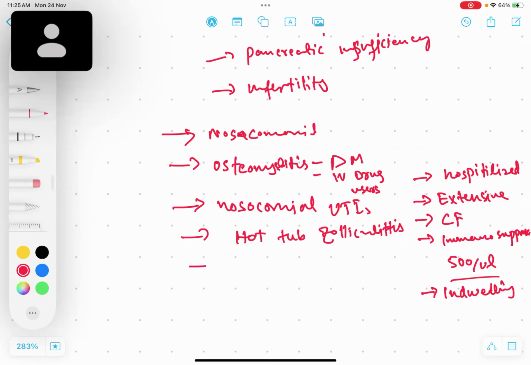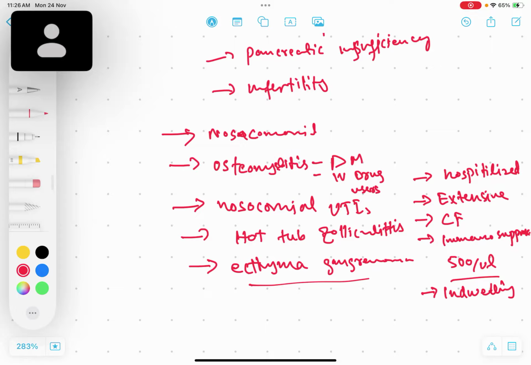It also causes a skin condition called ecthyma gangrenosum, especially in patients who are immunosuppressed, who have an absolute neutrophil count less than 500. They can cause this ecthyma gangrenosum.